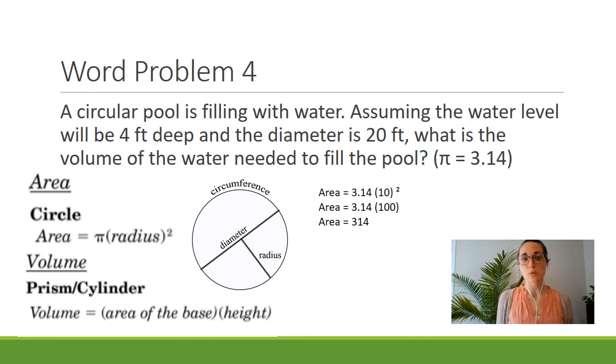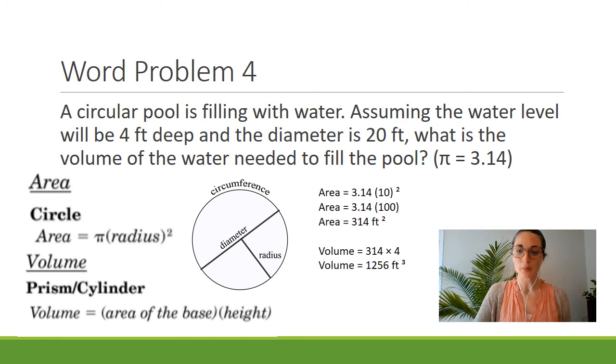In this situation, we'll use 3.14 for pi, so our area will equal 3.14 times 10 squared. 10 squared is 100, so now we need to do 3.14 times 100, which is 314. So the area of the base would be 314 square feet.